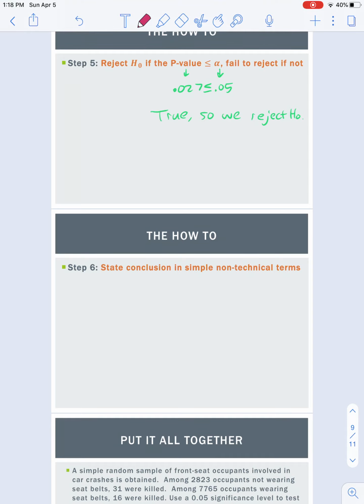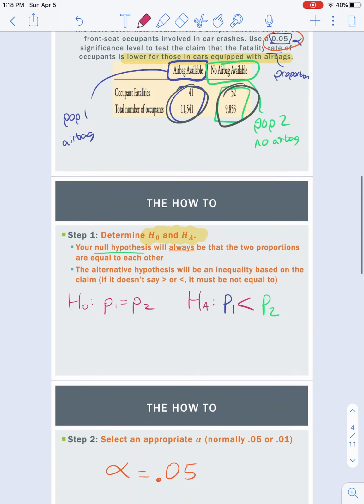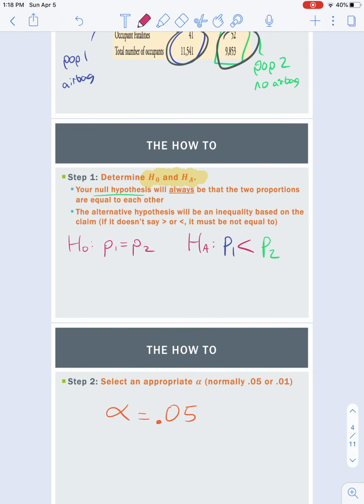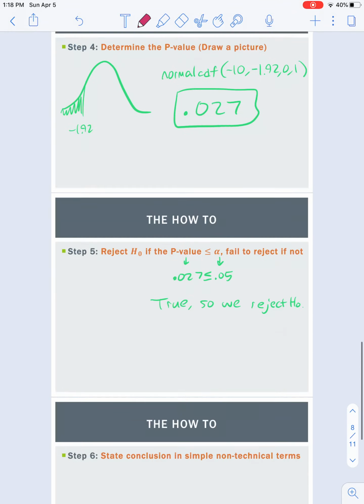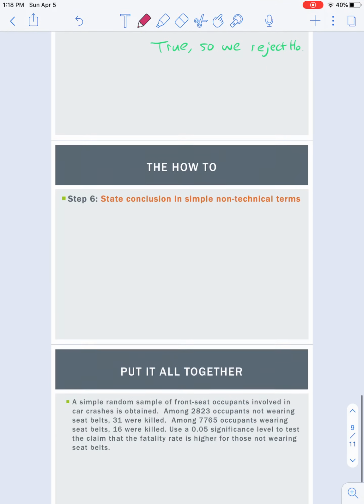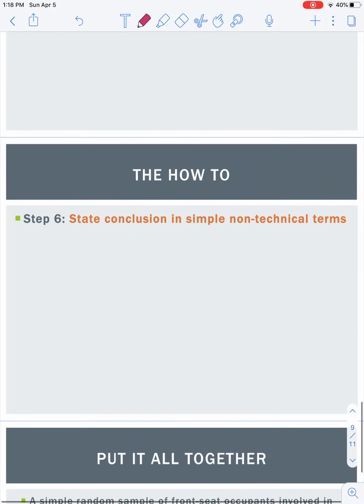So since we proved that the alternative was true, within our significance level, this was the rate of deaths with airbags, and this was the rate without airbags. So we just showed that the fatality rate is lower with airbags. Okay?